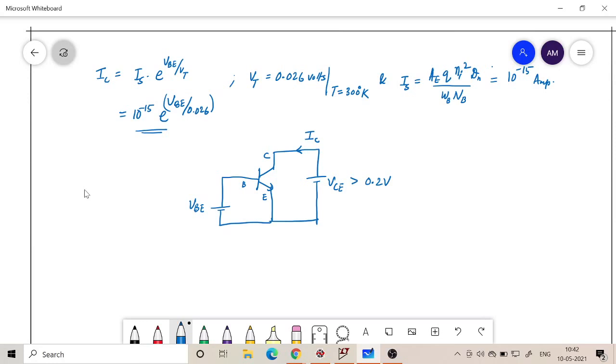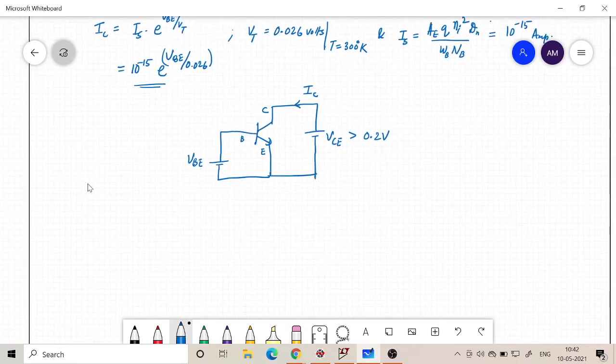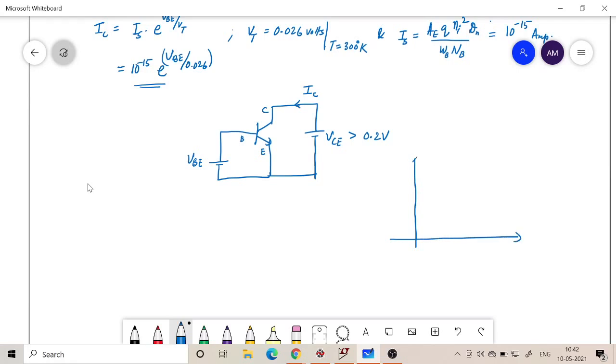Therefore changing the collector to emitter voltage will not vary IC. But when we plotted the characteristics by taking a device BC547 in the last lab, we saw that there was a dependence. Collector current depends on the VCE value, and if I may plot that as we got in the last class, what we got was something like this. There is a slight slope there.